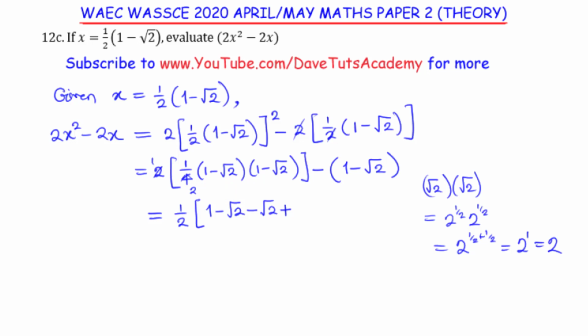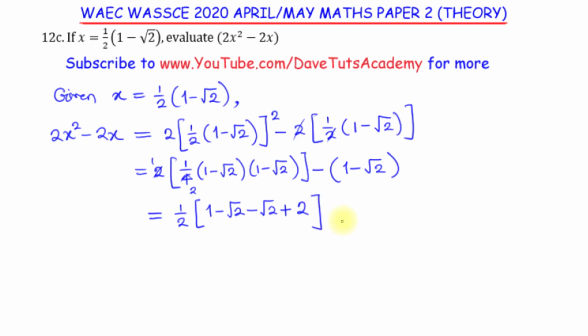Okay, so let me just clear my rough working. So this here is 2, and I can close the bracket. Then minus 1 times 1 will be minus 1. Minus times minus root 2, the two negative numbers will multiply, so this will be plus root 2.